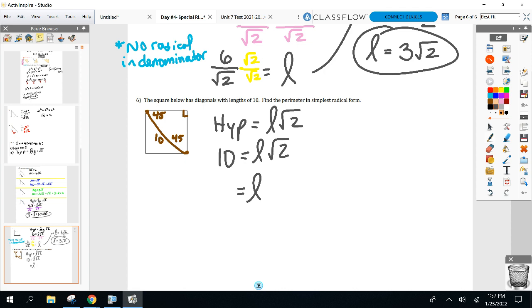How's it looking? 5 radical 2 for the leg. Anybody? 5 radical 2 after you simplify and multiply top and bottom by radical 2.